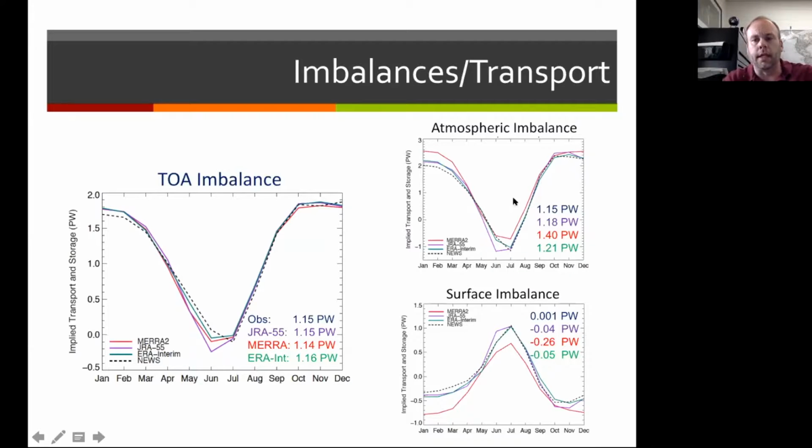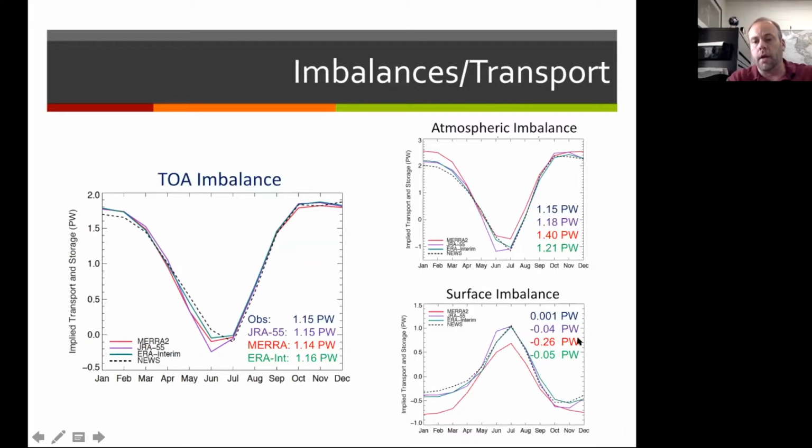But when you look at how that gets partitioned between the atmosphere and the surface, the observations suggest that all of that transport occurs within the atmosphere, at least on an annual mean basis, and there's almost nothing in the ocean, whereas all of the reanalyses suggest that the ocean transports some heat into the Arctic region.